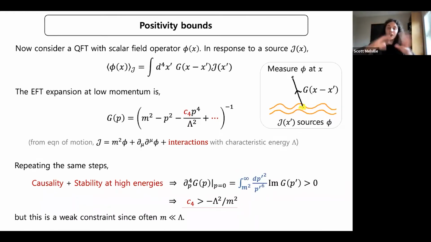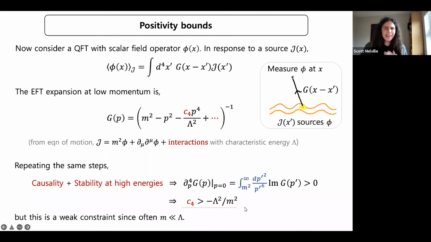You can appeal to causality, which says that this thing has to vanish when the measurement and the source are not causally connected. And stability, again, tells you that the imaginary part of this G has to be positive. And so, again, you get this constraint that this coefficient C4 is bounded by some of the parameters that appear at lower order. In this case, it would be minus lambda squared over m squared.